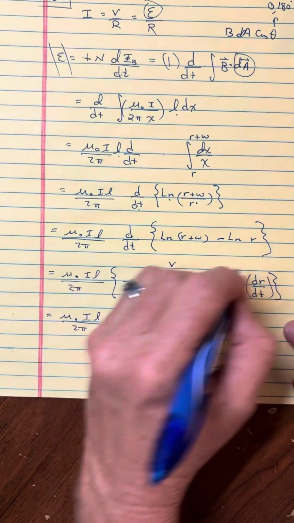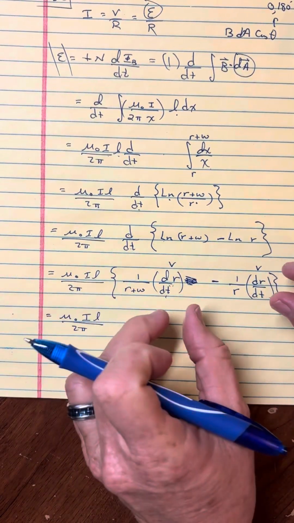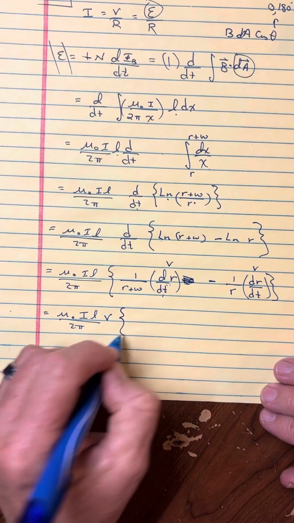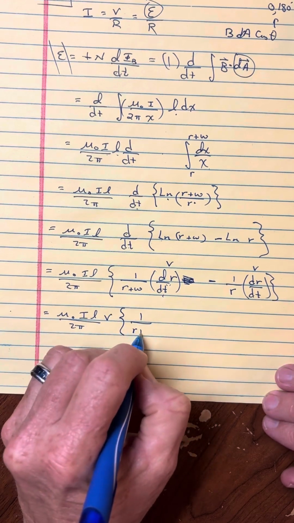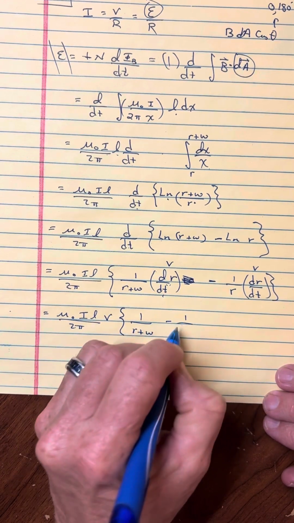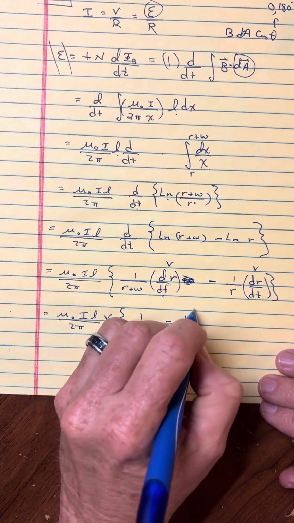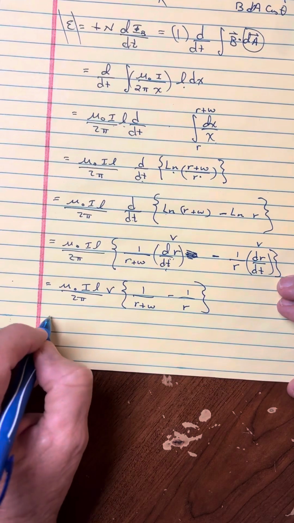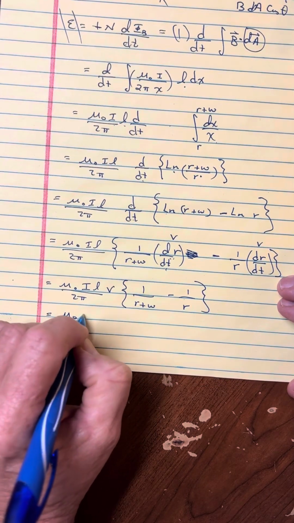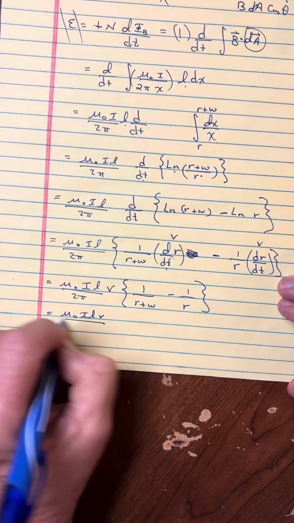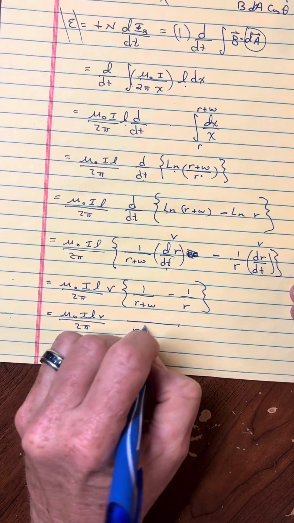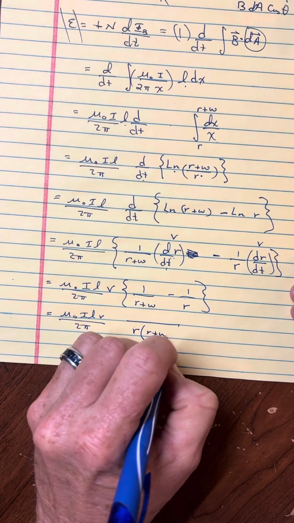And so this dr dt is the v, and so I can factor it out and put it over there and get 1 over r plus w minus 1 over r. And I don't know then if it's worth taking one more step and getting a common denominator. But this common denominator would be r plus w.